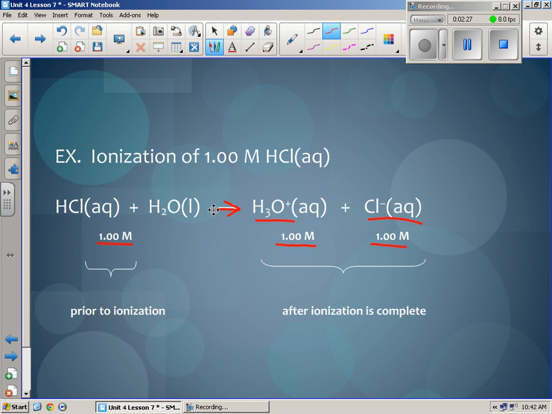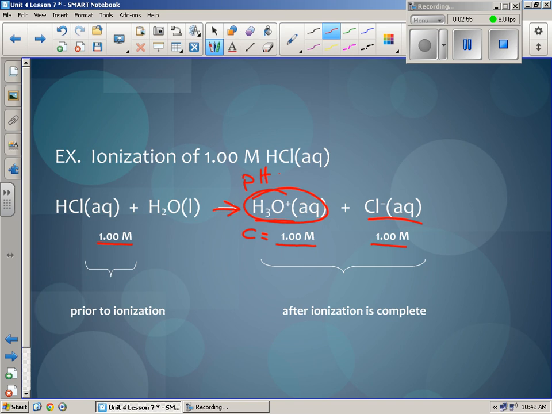They break up 100%. So if you put in 1 molar of hydrobromic acid, you're going to get 1 molar of hydronium ions. Today our job is going to be to figure out the concentration of the hydronium ion. So I want to know the concentration of this right here today. Because once I know the concentration, the next thing I can do with that is figure out the pH of this particular acid.